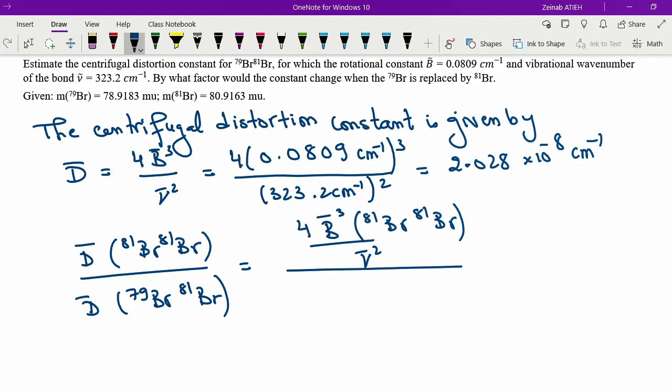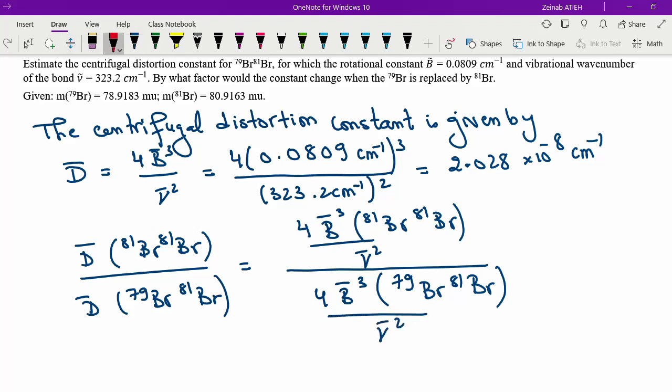We said that mu bar is not going to change, over 4 B bar cube for Br79 divided by mu bar squared. So these are cancelled, we are left with B81 cube over B79 cube.